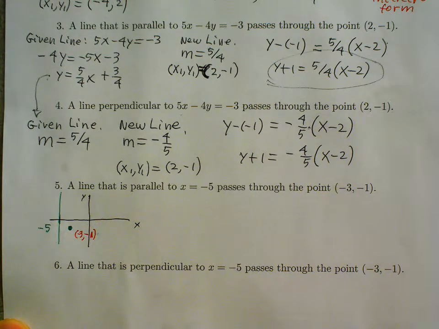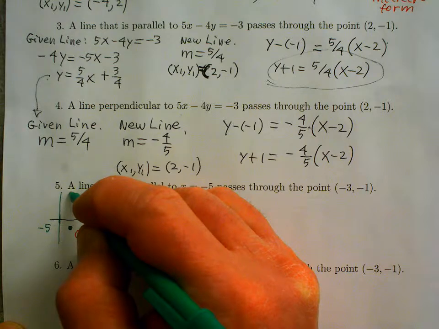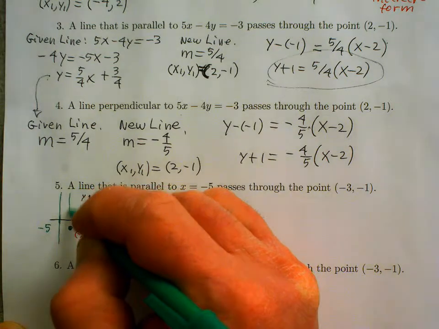Okay, so what does that line look like if it passes through this point and is parallel to the vertical line x equals -5? Also vertical? It is also vertical. If a line is parallel to a vertical line, then that line is also vertical.